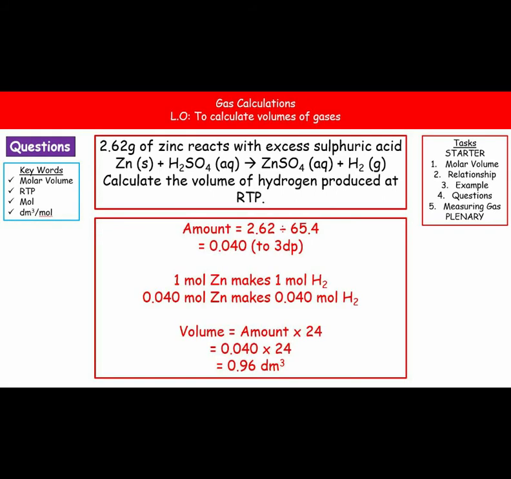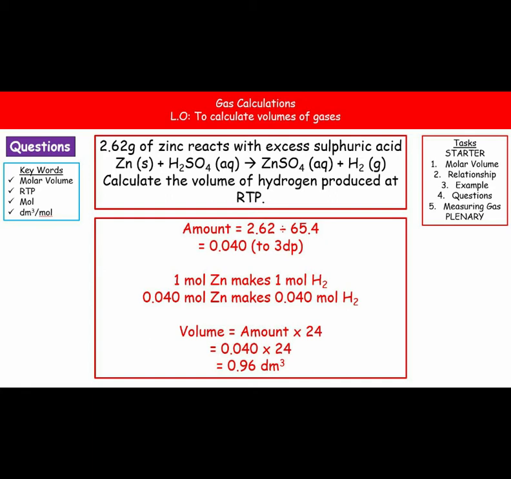Okay, let's mark those then. Hopefully the first thing you did was work out the amount of zinc. So what we have there is our mass is 2.62 grams, and we're going to divide that by the molar mass, 65.4. So that gives us an amount of 0.040 to our 3 decimal places again.